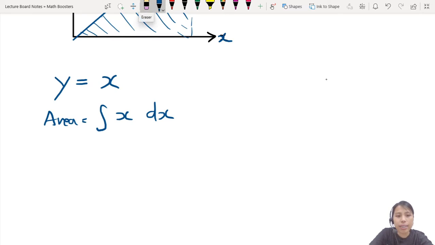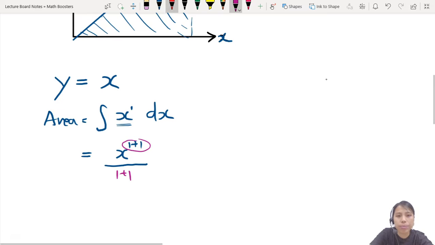How do you do this then? You have to do the reverse of differentiation. First step, what is the unknown? Oh, x. So you write x, the power is 1. You add 1 to the power and divide by this new total power, so 1 plus 1. And you're done, pretty much.